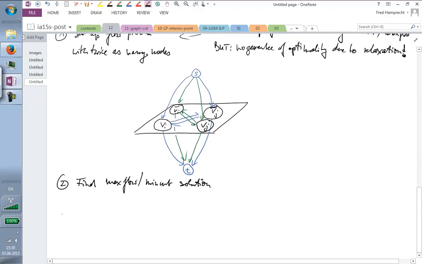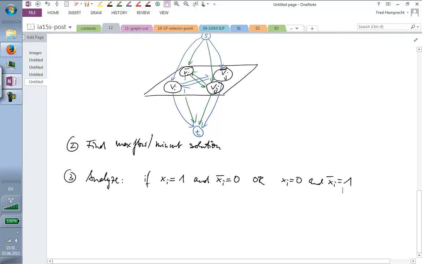And now we can analyze the solution. Namely, if we find that xi equals 1 and xi bar equals 0, or if xi equals 0 and xi bar equals 1, then, lo and behold, our constraint is fulfilled even though we did not enforce it.